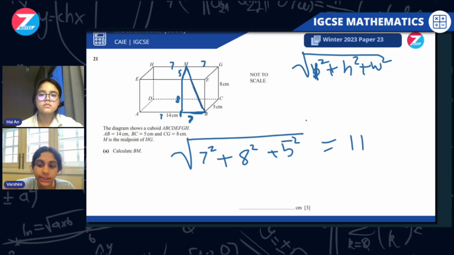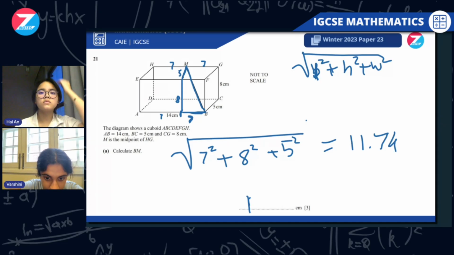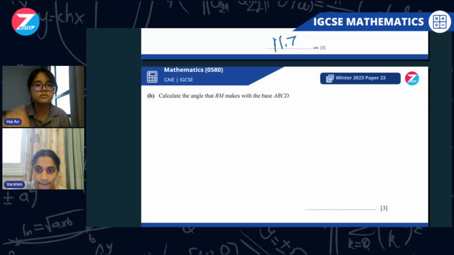We round it down because it's 4, so 11.7. In your working, you can always put more than 4 to 5 significant figures, so the examiner knows exactly.